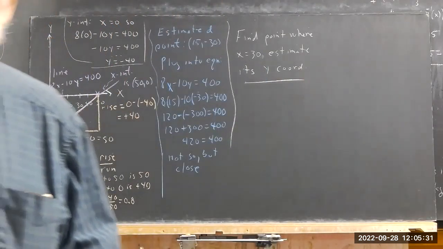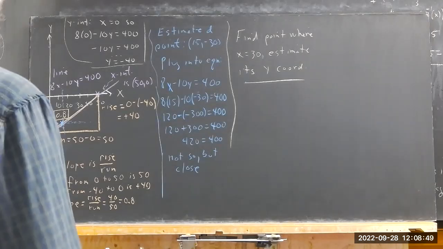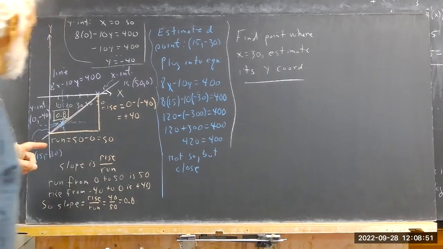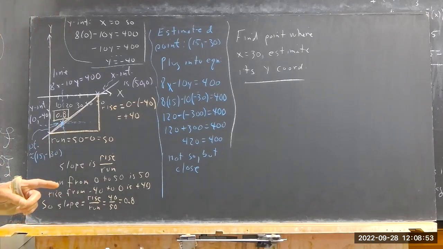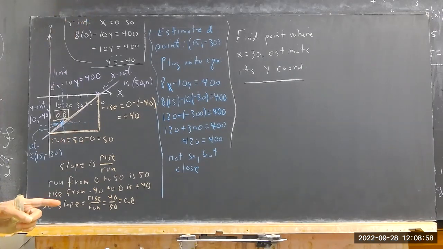Find the point where x equals 30 and estimate its y coordinate. Okay, still have a little trouble here. So what I'm going to ask you to do is just raise your hand quickly when my finger gets to the point where x equals 30.